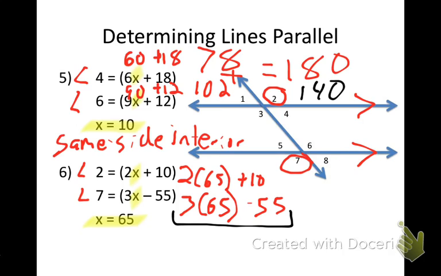What's 3 times 60? Okay, what's 3 times 5? So 180 plus 15 is? 195? What's 195 minus 55?